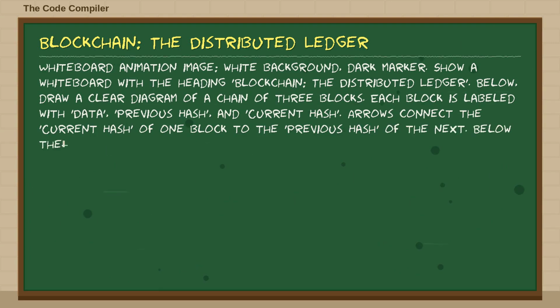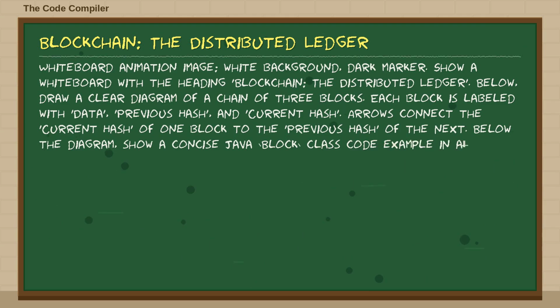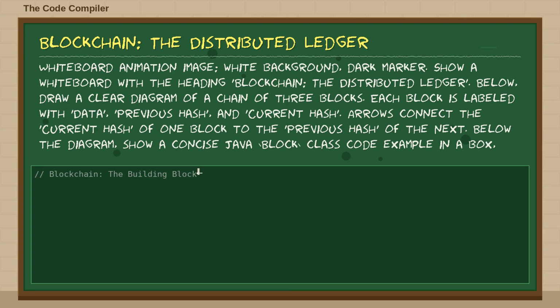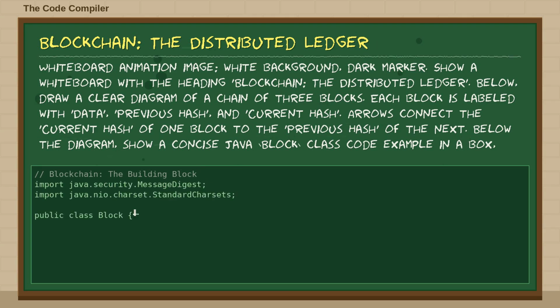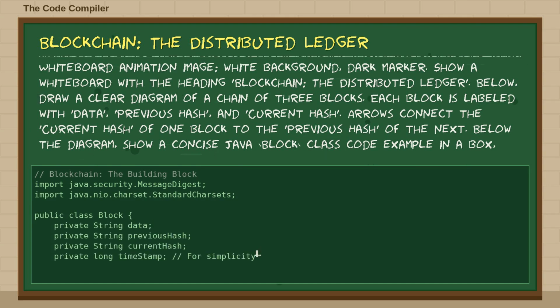Arrows connect the current hash of one block to the previous hash of the next. Below the diagram, show a concise Java block class code example in a box, including fields like data, previous hash, current hash, and a calculate hash method, with syntax highlighting. Clean educational style. No people.